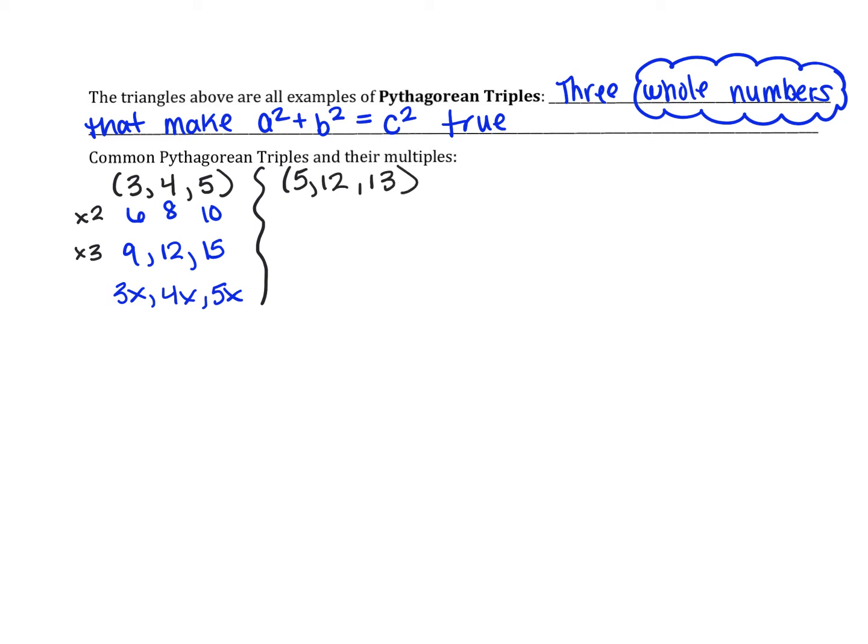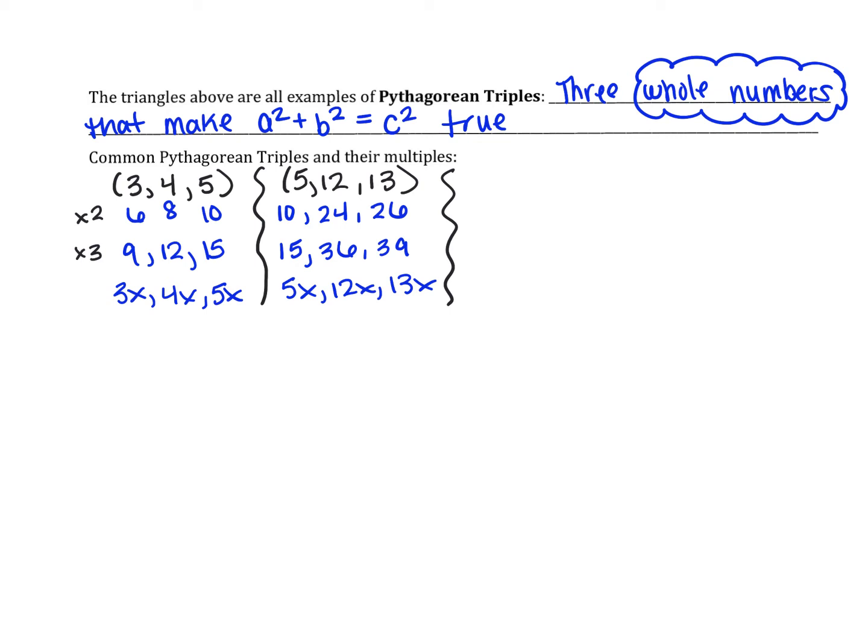So if I did 5 squared plus 12 squared, I would get 13 squared. So if we multiply these, we would get 10, 24, 26, 15, 36, 39, 5x, 12x, and 13x are all different examples of Pythagorean triples.